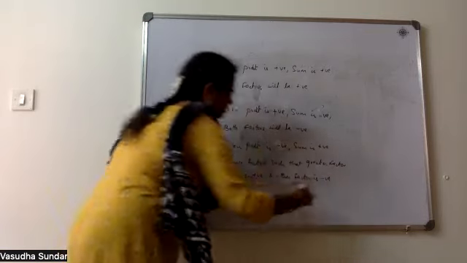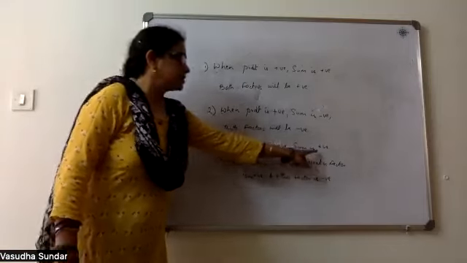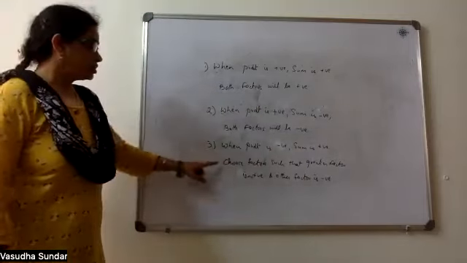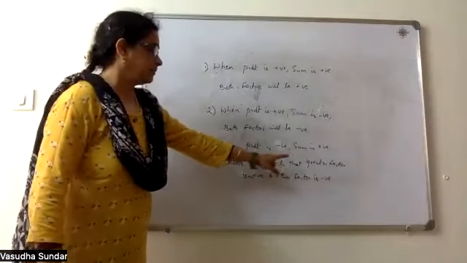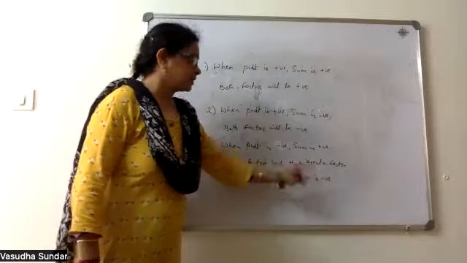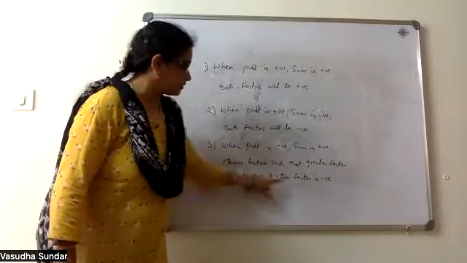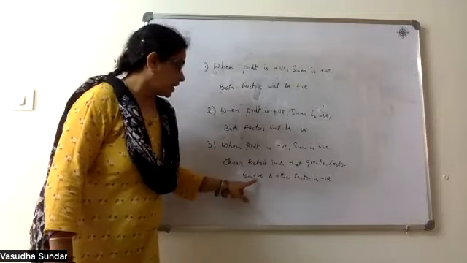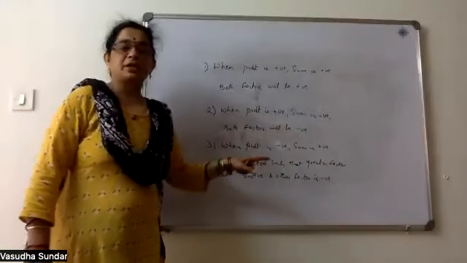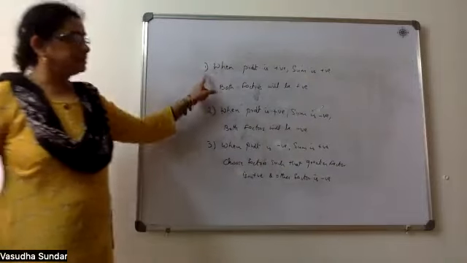Is this clear? When the product is negative and sum is positive, choose factors such that the greater factor is positive and the other factor is negative. That time only your product will become negative. Positive into negative is negative, and when you add, it will take the sign of the greater number. Have you copied this?